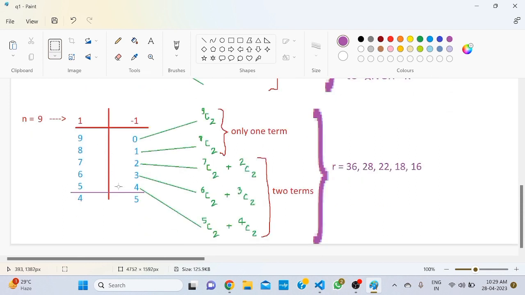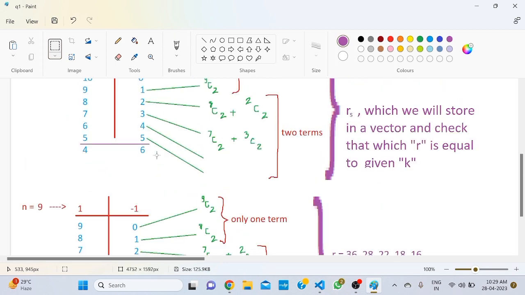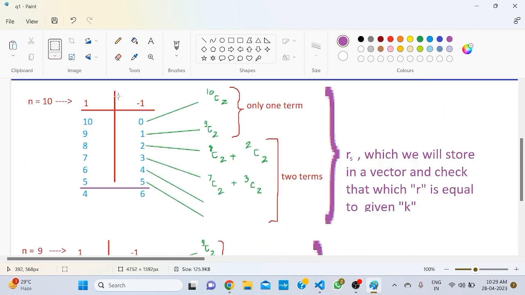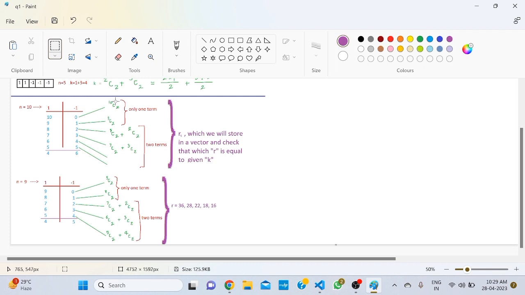In this also, if we observe 5 and 4, then the result is 5C2 plus 4C2, which is equivalent to this result. So the results are repeating themselves after n by 2. Here n is 9, so 9 by 2 is 4. So after this, the results are repeating themselves. For n equal to 10, n by 2 is 5.